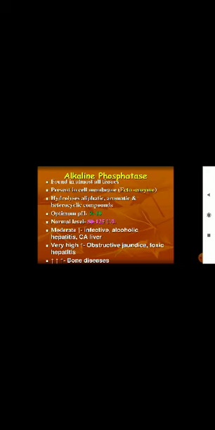Then comes your next enzyme, that is alkaline phosphatase. It is found in almost all tissues, present in cell membrane, that is an ectoenzyme. So it hydrolyzes aliphatic, aromatic and heterocyclic compounds.